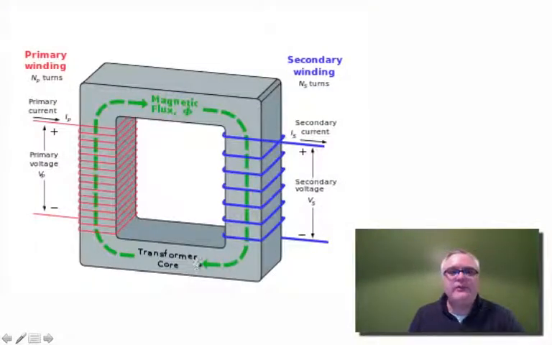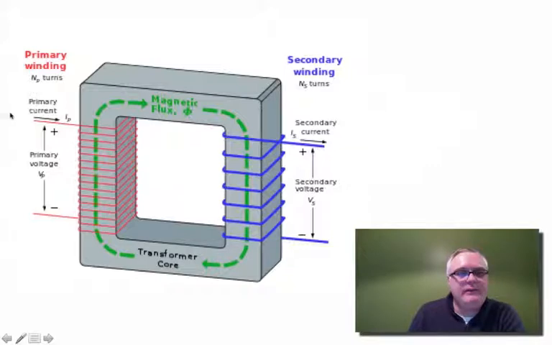So what is a transformer itself? Well, a transformer is basically an iron core with two solenoids, so two sets of windings. We call this side the primary coil or the primary windings, and then this side the secondary coil or the secondary windings.